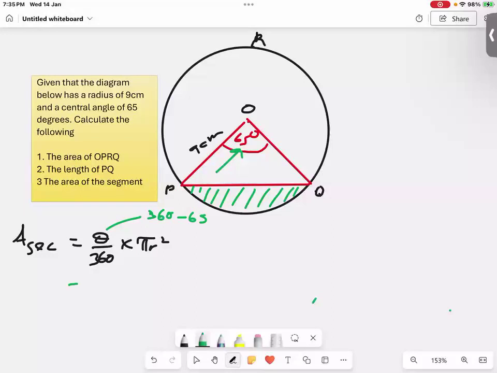So therefore then, the area of the sector we're trying to find is going to be equal to 295 divided by 360 multiplied by 3.142 or 3.14 times 9 squared, because the radius is 9 and we're going to square it. So you can go on your calculator then and go ahead and type in all of that and tell me what you get.